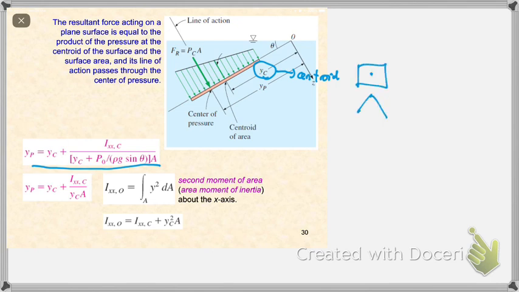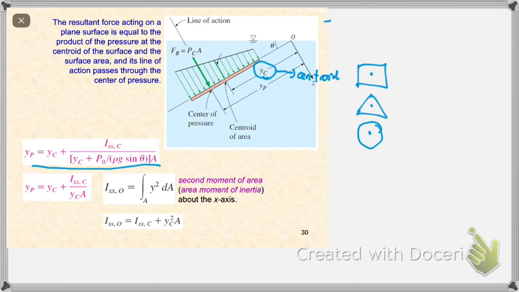If it's a triangle, then 1/3 of the height. If it's a circle, then half of the diameter. That is the centroid, the distance from the centroid to the water surface.